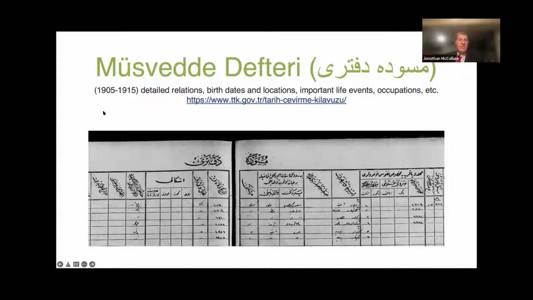Now, what we see by the early 20th century is further development of these records. For Nablus, we're seeing these in 1905, but I believe they started throughout the empire over a decade earlier, and they're referred to as the Musvede Defteri. We get a whole lot of information about a family from these records.